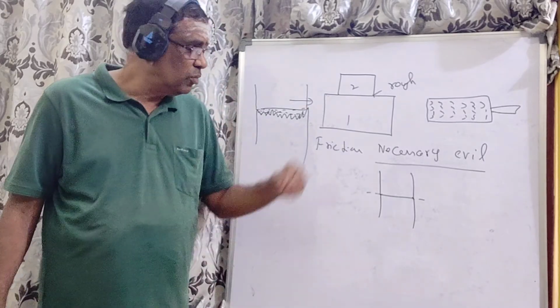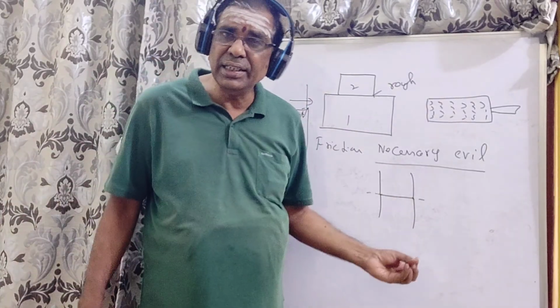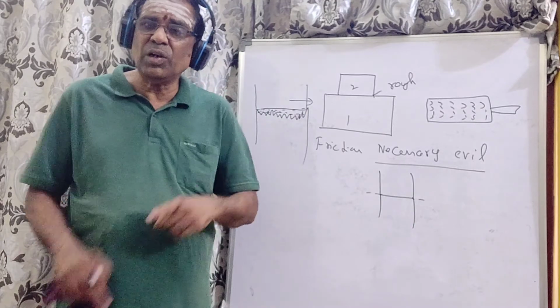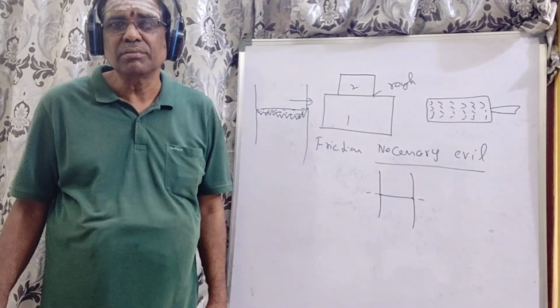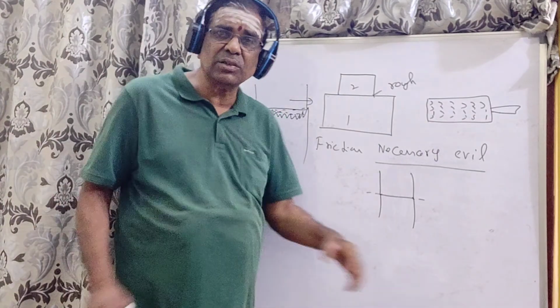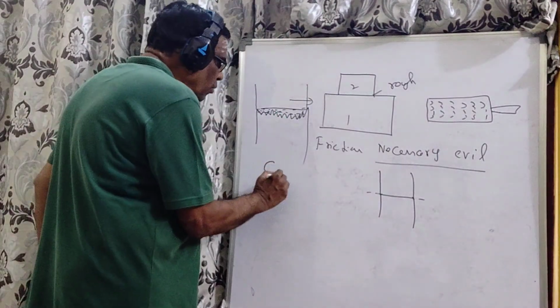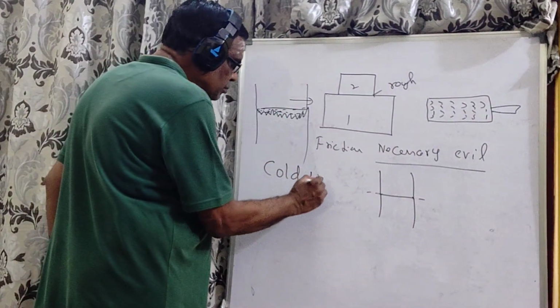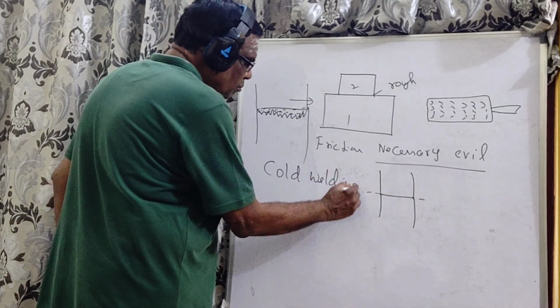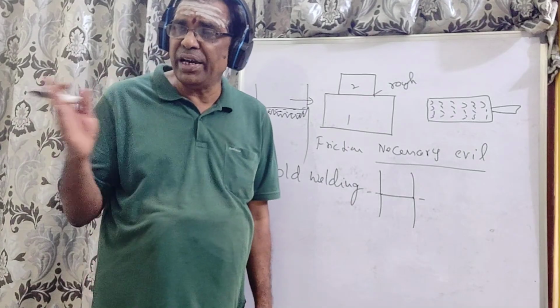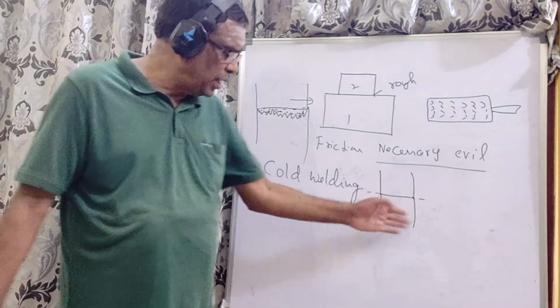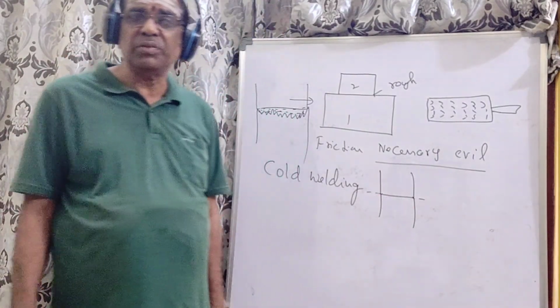But here, without heating, without putting anything, I am able to achieve what I am supposed to achieve by taking it to a welder. Without heating, I welded it. That's why it's called cold welding. In fact, some of the vacuum brakes apply on this principle, for your information.